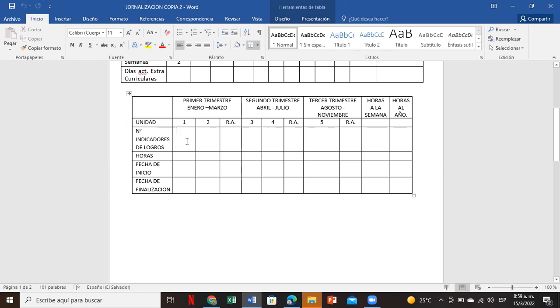But in my case, I like to take into account all the achievement indicators that are in the unit plan and in the lesson plan. So that's why I always got like 11 or 15 achievement indicators just for unit number 1. Because remember, we got unit number 1 and we got at least 7 lesson plans.